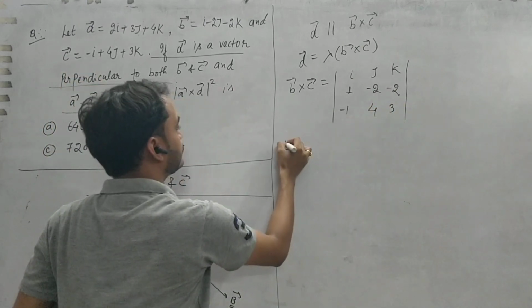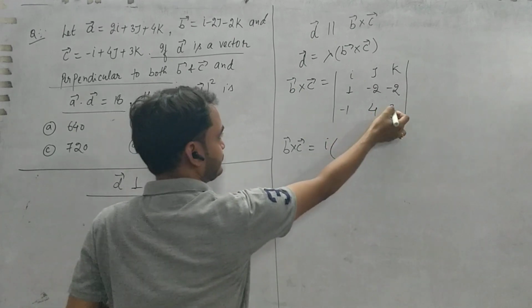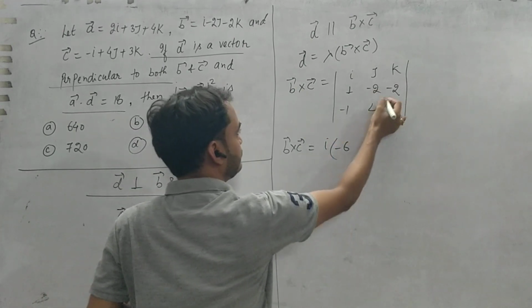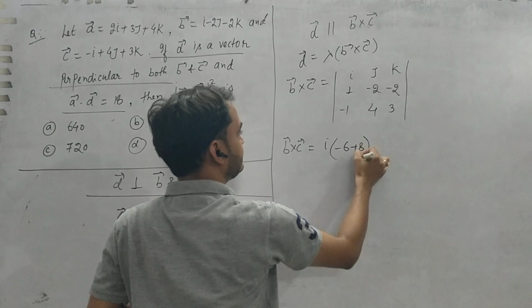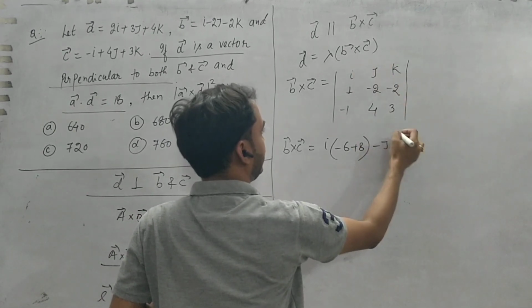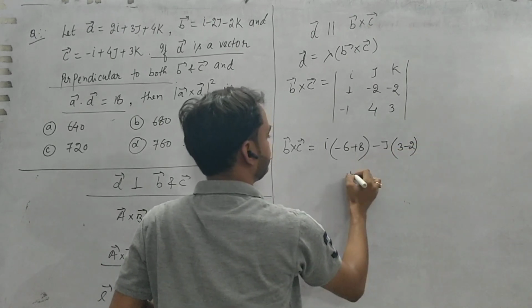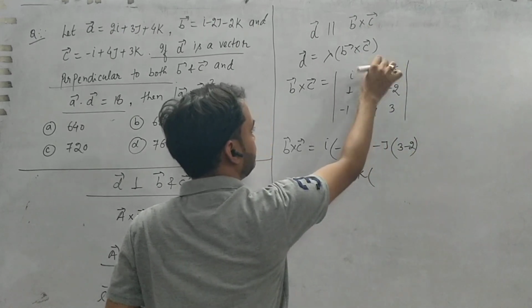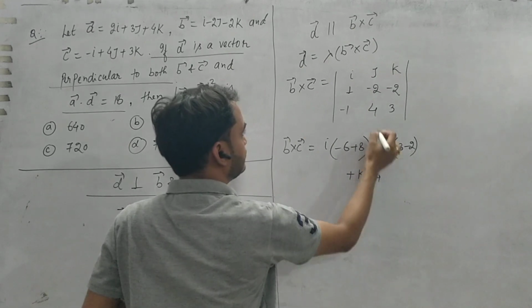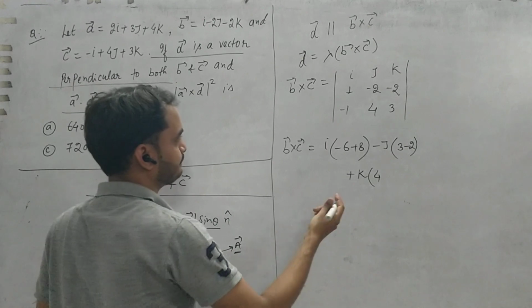So B cross C vector is equal to i times (-6 + 8), that is +8 minus j times this will be 3 and minus plus, and again minus j times plus k, this will be 4, and this is 2 1 2, that is plus.